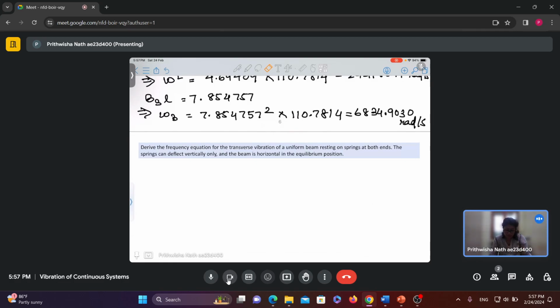The springs can deflect vertically only and the beam is horizontal in the equilibrium position. So here we are asked to derive the frequency equation for the transverse vibration of a uniform beam which rests on two springs at both ends. This is the figure for this question.